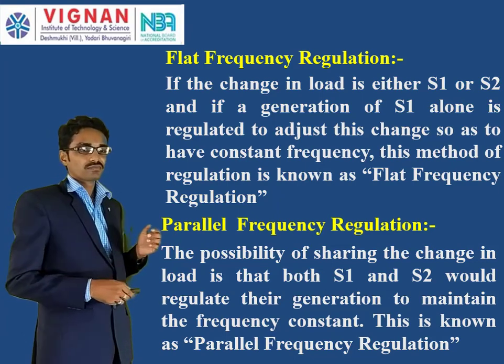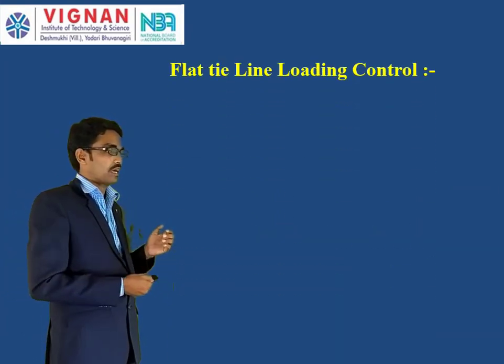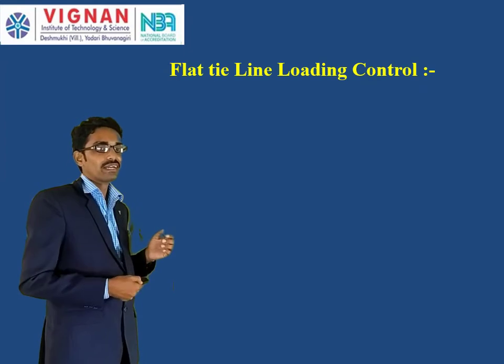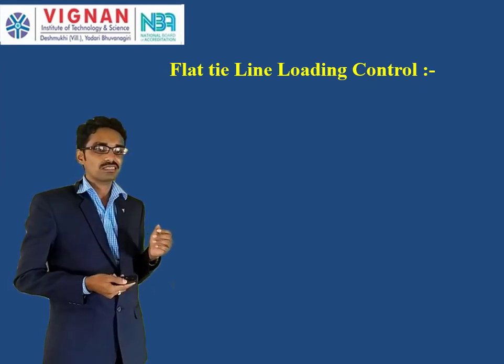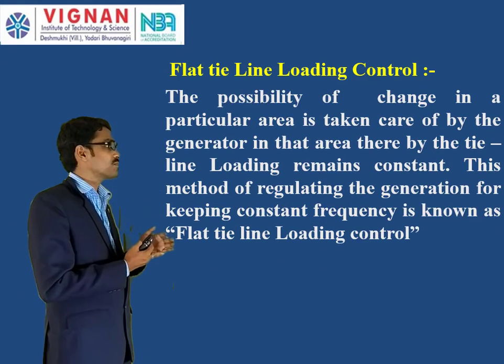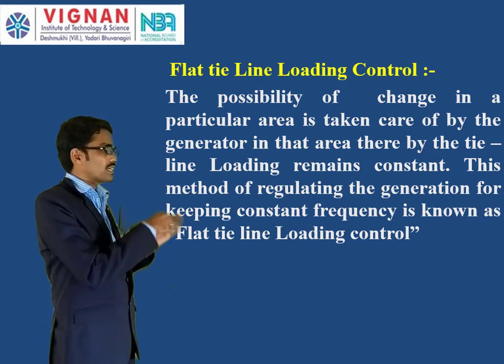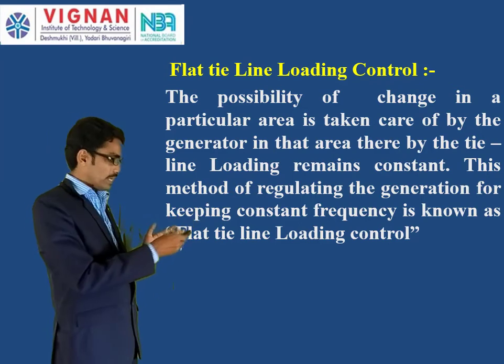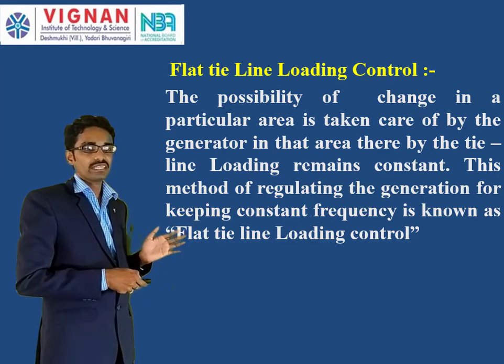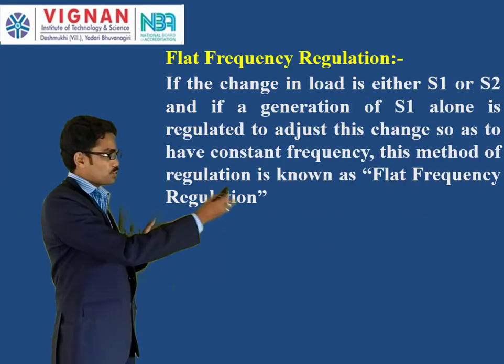The last one is flat tie line loading control. Flat tie line loading control is nothing but what? Here, a change in a particular area is taken care of by that particular generator. Let us take two areas with two generators. If there is any load change for generator 1, that is S1, only the S1 generation changes.